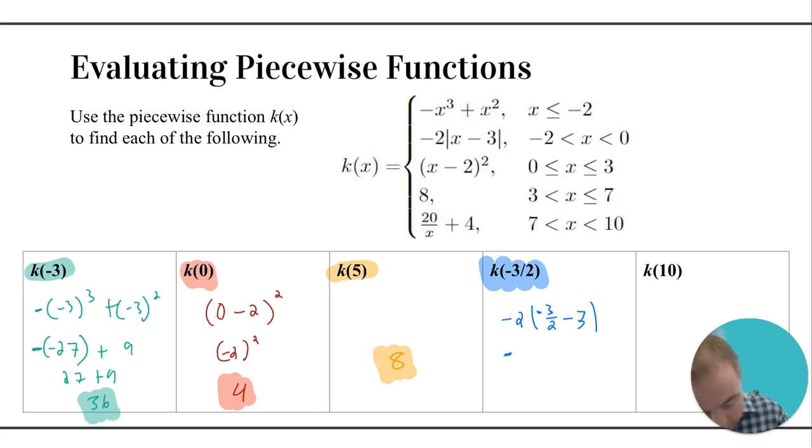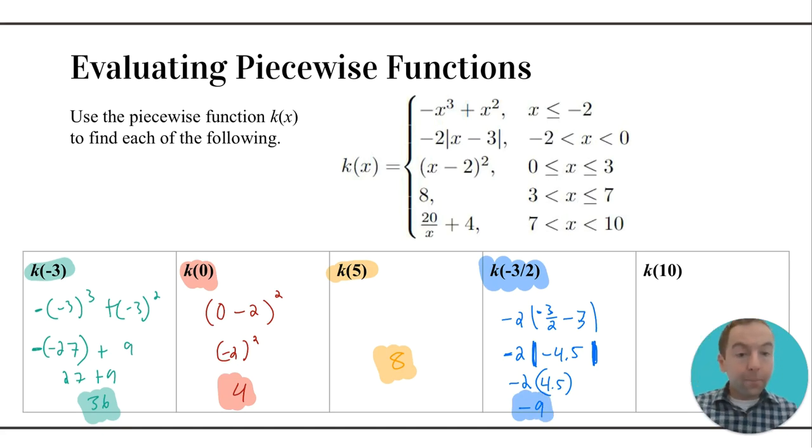Following PEMDAS, inside the absolute value grouping symbols, you need to subtract those numbers. So -1.5 minus 3 gives you -4.5. Next, following the order of operations, you take the absolute value of that number, so it becomes a positive 4.5. Then you multiply that positive 4.5 by the number in front of it, which is -2, and it becomes -9 for the y value, or the output value.